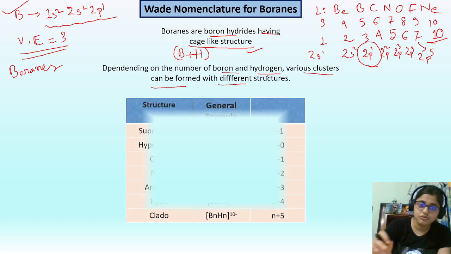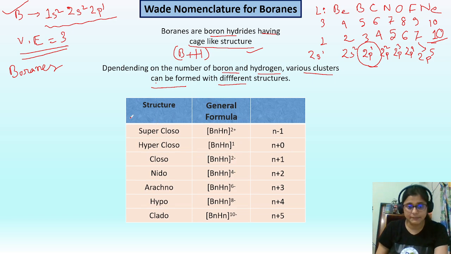So this is the table. This is a very important table. When the general formula of the boron hydride is BnHn+2, that time we call it supercloso, and it will be counted as n minus 1. What is n minus 1?